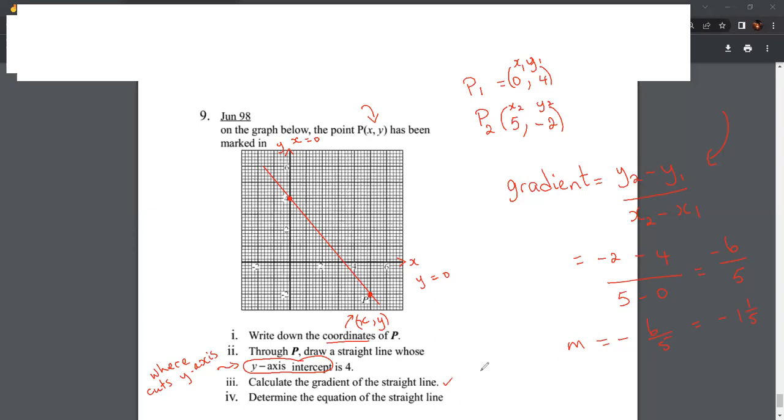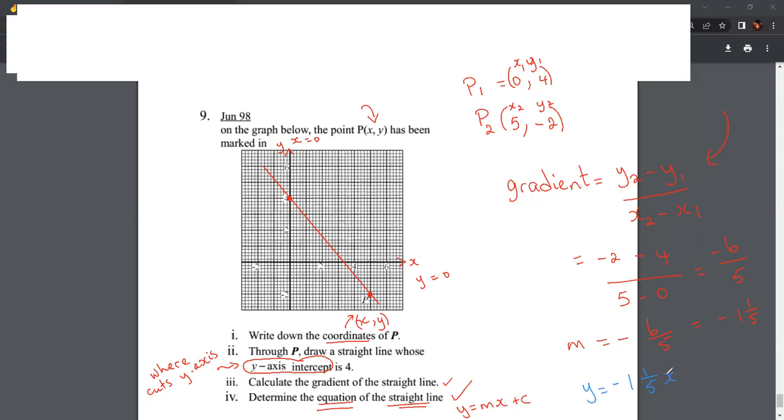And then they asked us to find the equation. Anytime you see the equation of a straight line, you just have to remember y is equal to mx plus c. Now, this is a lot easier this time because remember, in your equation, your y stays as y because that's a variable. Your gradient is negative 1 1/5 x.